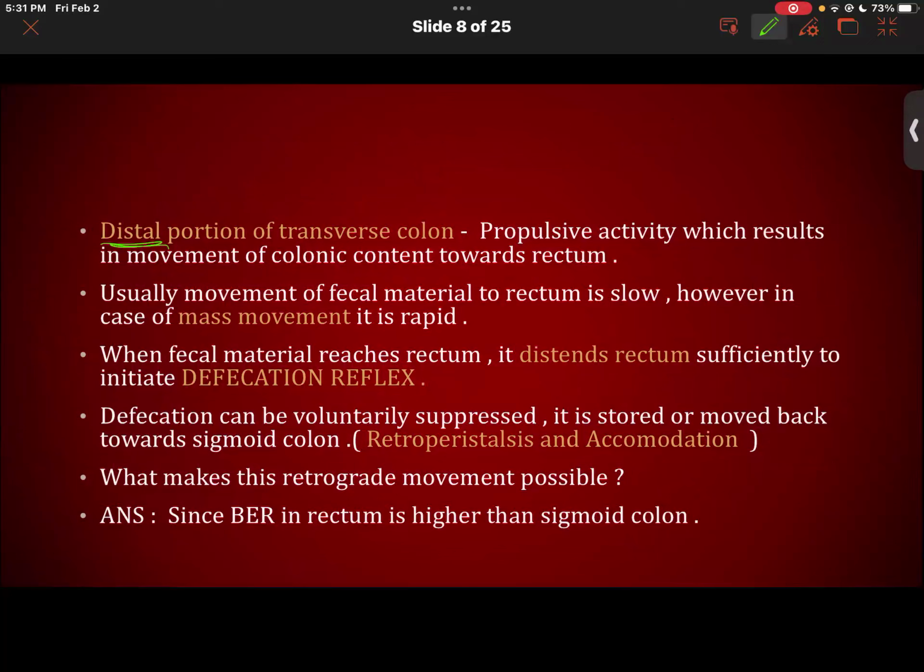So the propulsive activity, so it's propulsive or propagating, same thing, which results in the movement of colonic content towards the rectum. So it's propagating, which means food, or in this case, feces, moves along the length of the colon because it's propagating, not non-propagating, right? It moves towards the rectum to eventually be excreted.